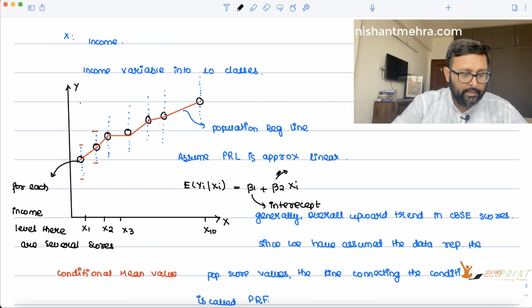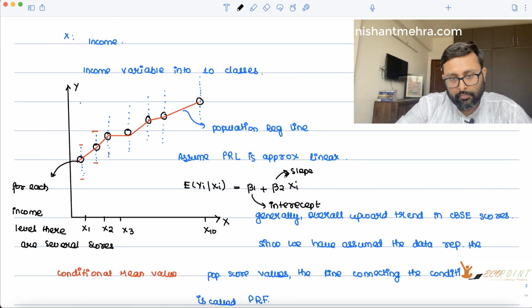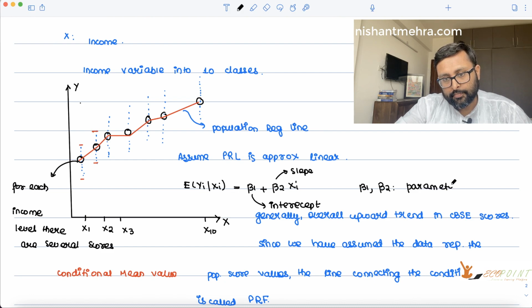This is the slope term, and we call these beta 1, beta 2 as parameters or regression coefficients.